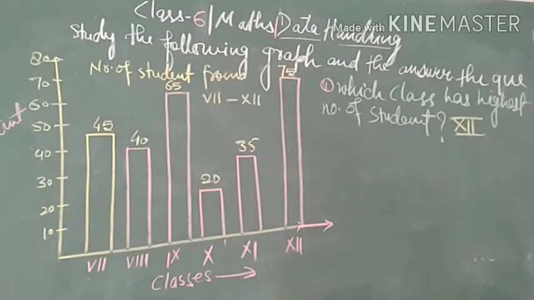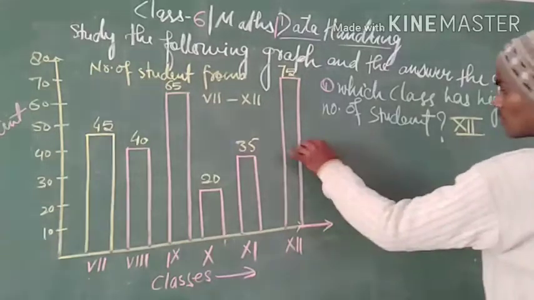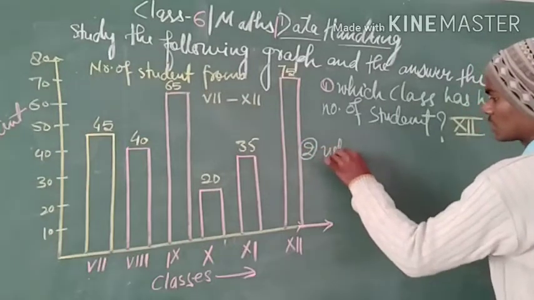Now the next question, question number 2, is: which class has the least number of students?